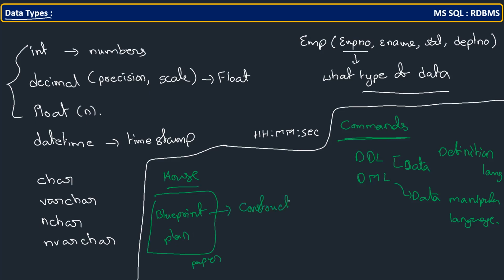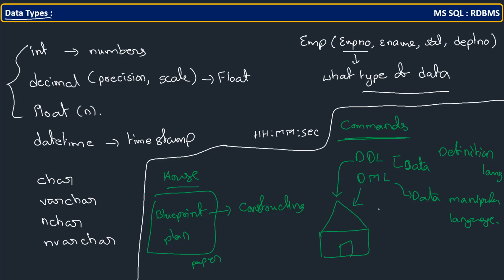So you constructed a house. That is, you are defining a house. Constructing a house means data definition language. Then in this house, who is going to stay, in which room, which person, and where you want to place objects, all those things are data manipulation language.